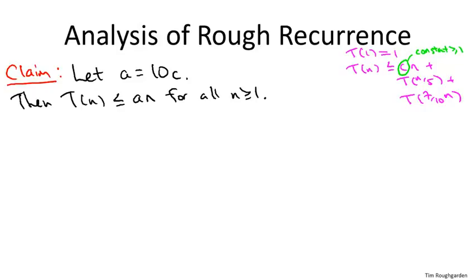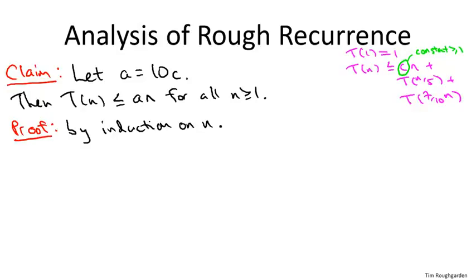Now I realize I pulled this constant a out of nowhere, right? Why 10 times c? Well, if you recall our discussion when we proved that things were big O of something else, there again there was some constant. So to formally prove that something is big O of something else, you have to say what the constant is. And in the proof, you always wonder, how do you know what constant to use? In practice, if you have to actually do one of these proofs yourself, you reverse engineer what kind of constant would work.